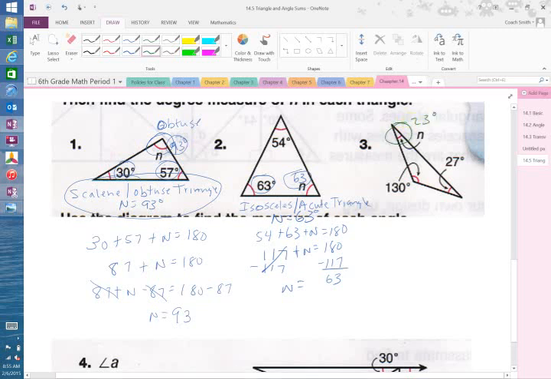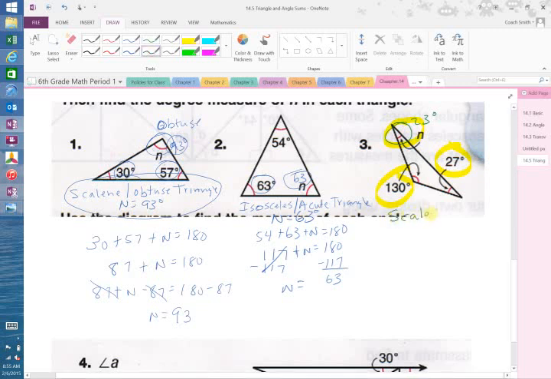So we know that it has an obtuse angle and two acute angles. So what is the name of this triangle then? Emily, what do you think? Scalene, yeah.